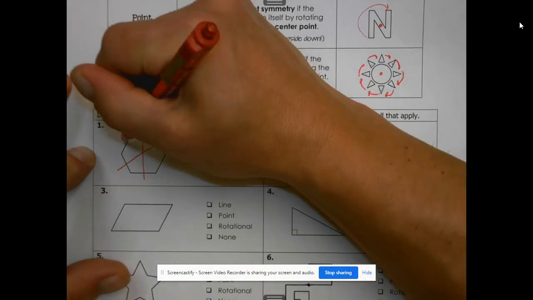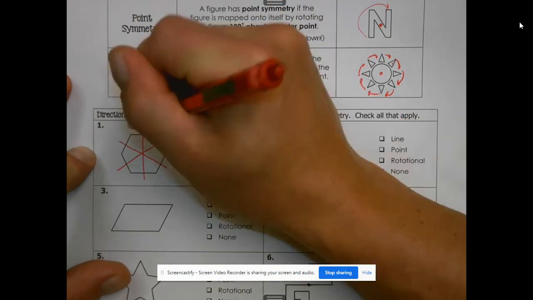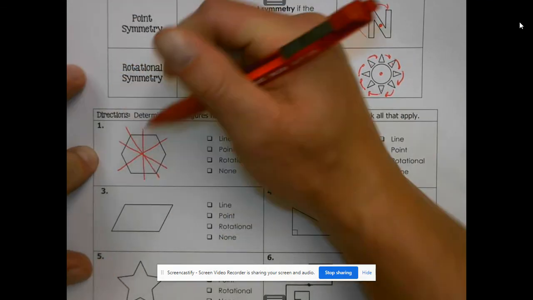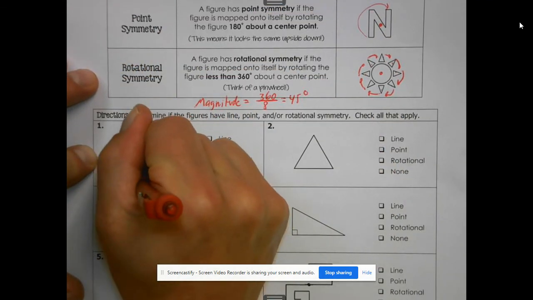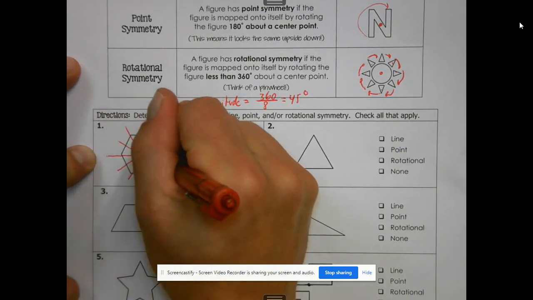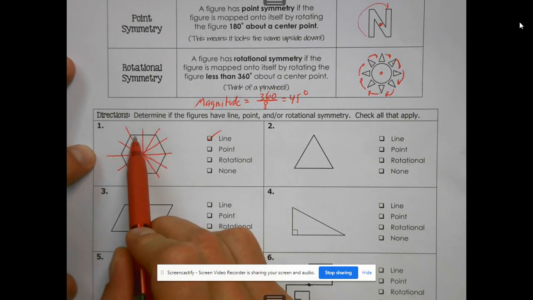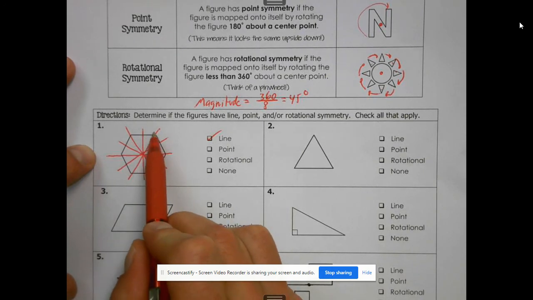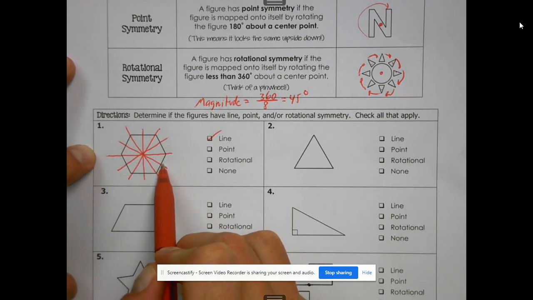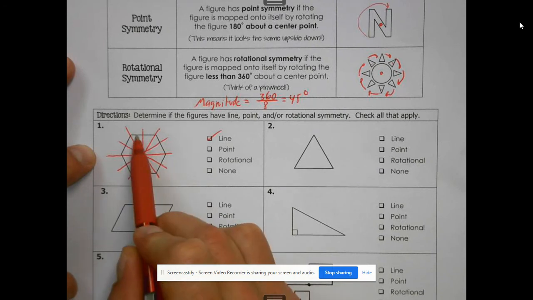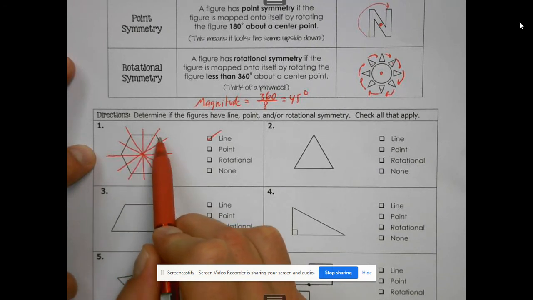For practice, this is putting in all the lines of symmetry. You can do the corners as well. So yes, this has line symmetry, and this has 1, 2, 3, 4, 5, 6 lines of symmetry.